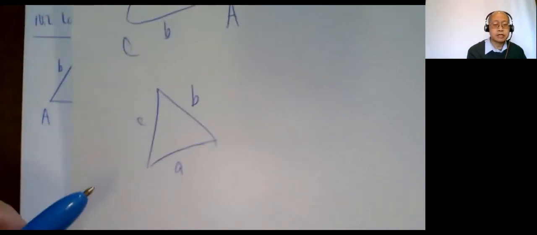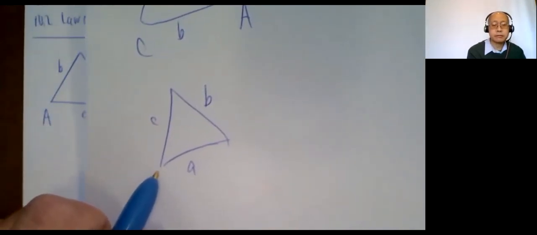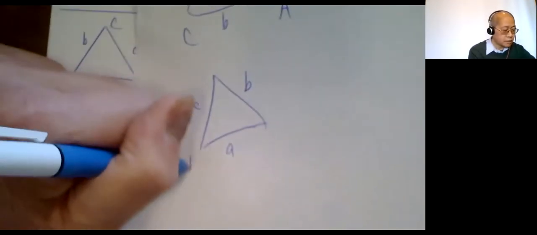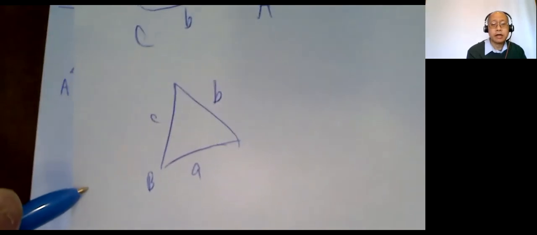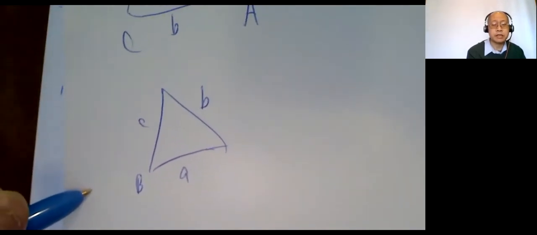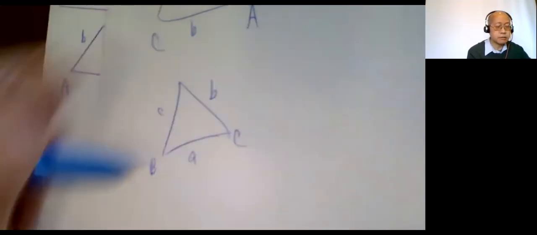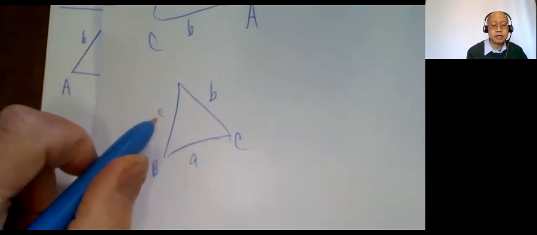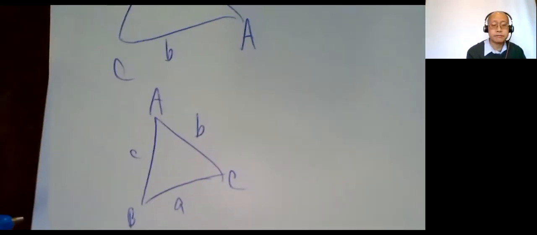So for instance, think to yourself, what must this be? Has to be big B, because it's opposite little b. Okay, and can you tell me where do I have to put big C? Where does big C have to go? Has to go here, opposite little c. And big A has to be here.